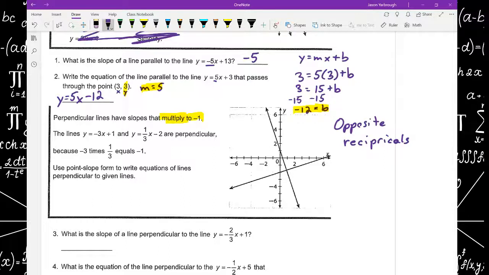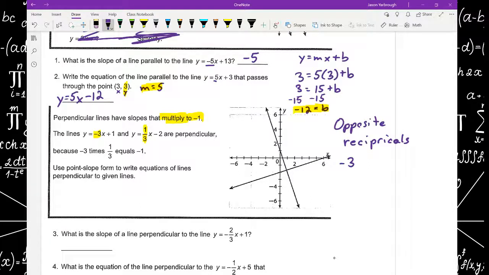Right, so notice the first one where they give us the equation: y equals negative 3x plus 1 is perpendicular to y equals 1/3 x. So let's look at those and see how that works. So the first one is negative 3. Right? So negative 3 by itself is fine.